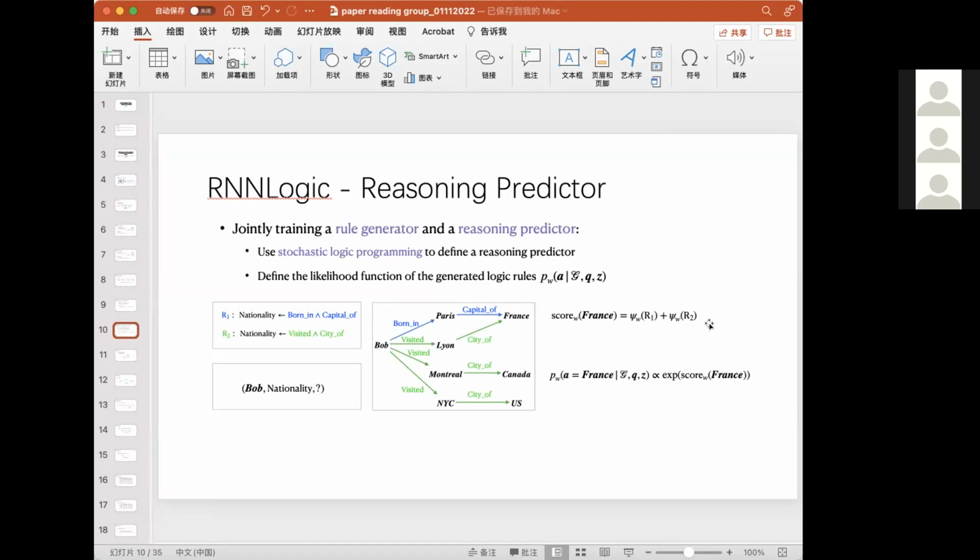Then in this example, you have this score of friends equals phi of R1 plus phi of R2. What are those two functions?